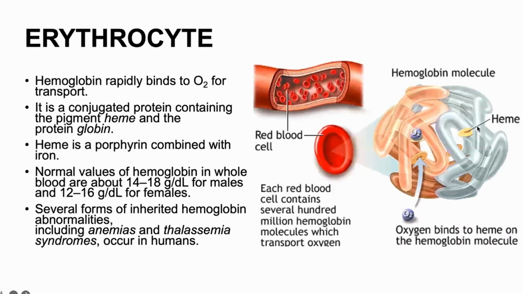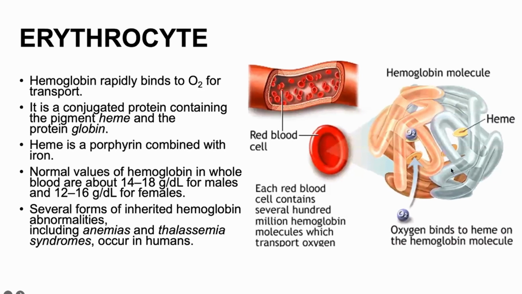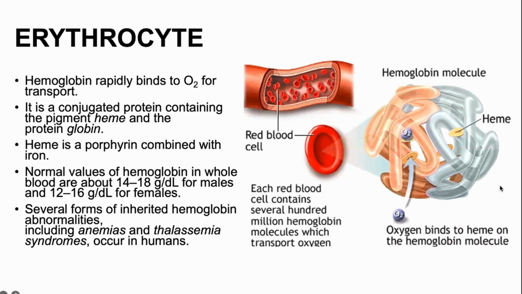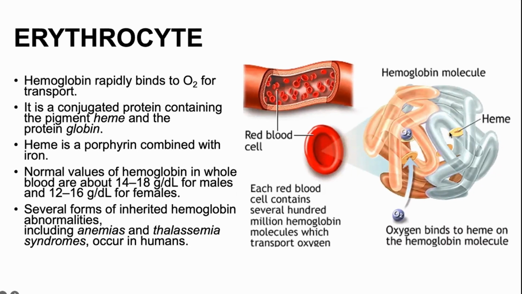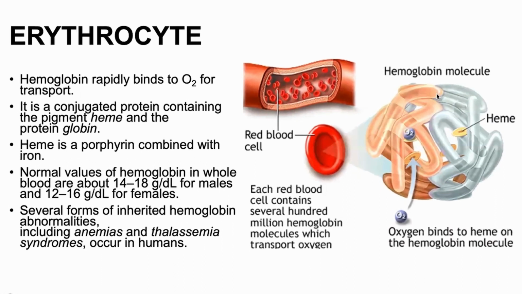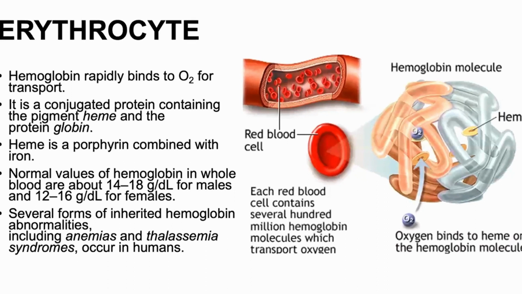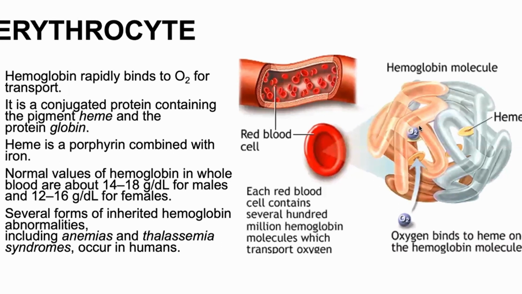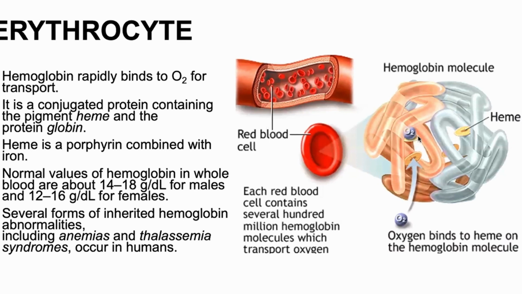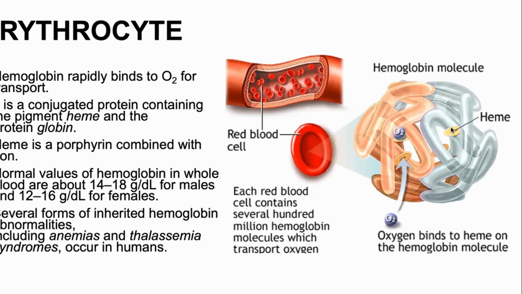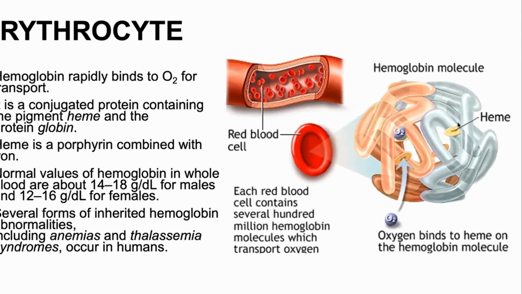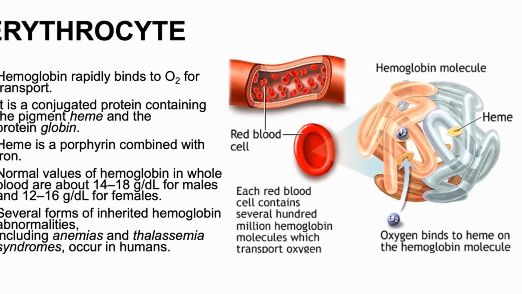So you'll have the heme and the globin, right? This is the heme here, and this is the globin chain. So you have the alpha and the beta chain, as I just mentioned, and you have on it a heme. This is where the oxygen will bind to the heme on the globin chain. That's where the O2 will bind.